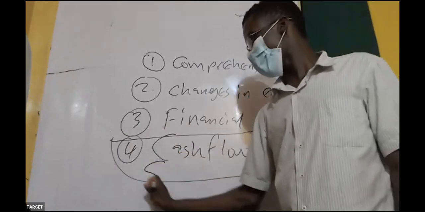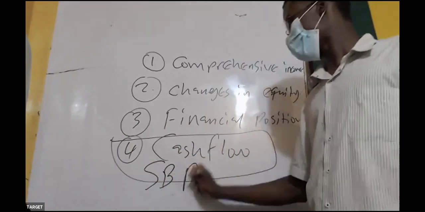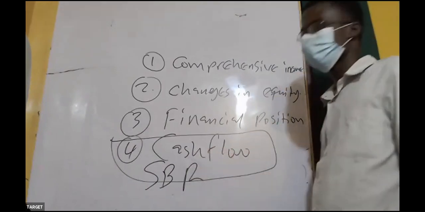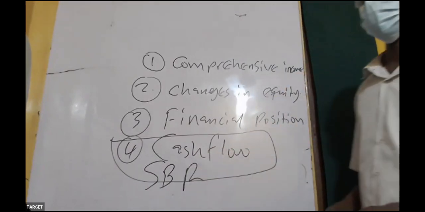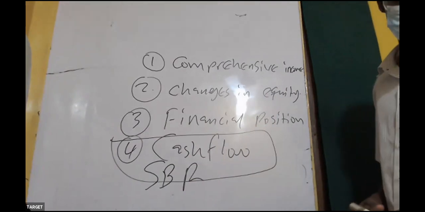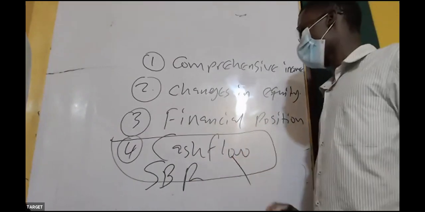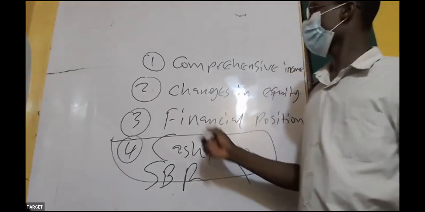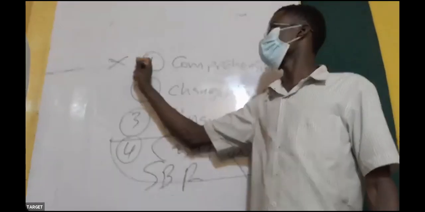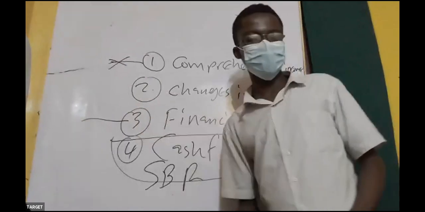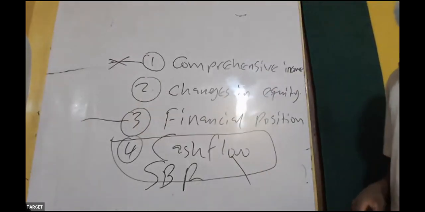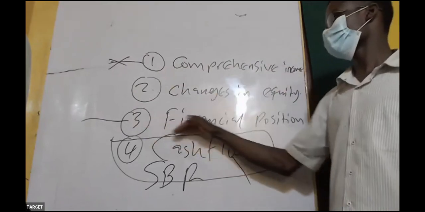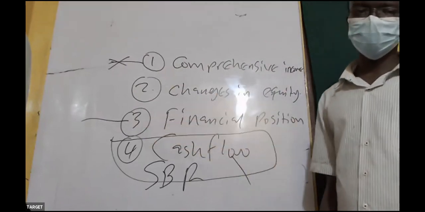So in the SBR paper, that is where we prepare the consolidated statement of cash flow for the group, or in corporate reporting. But for the financial reporting level, your consolidation is centered on this and this. So you must know how to prepare a consolidated comprehensive income and then a consolidated statement of financial position.